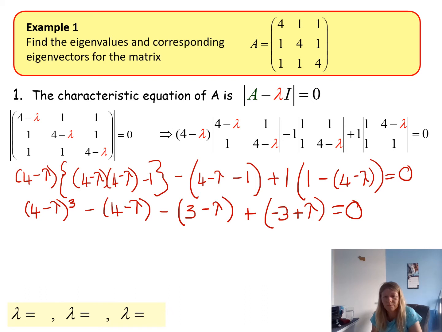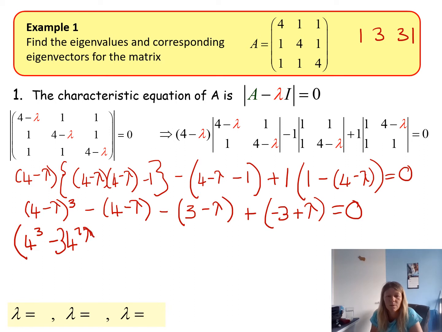If you want your calculator to do it, you still have to multiply it out, haven't you? So what does that multiply out to be? Do you know binomial expansion? So I'll use binomial expansion on that. The rule is 1, 3, 3, 1. So we'll have 4 to the power 3, and the alternate sign, so minus 4 squared lambda, but we've got 3 lots of them.